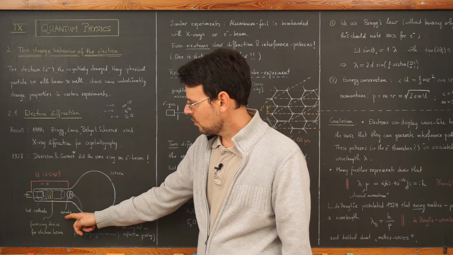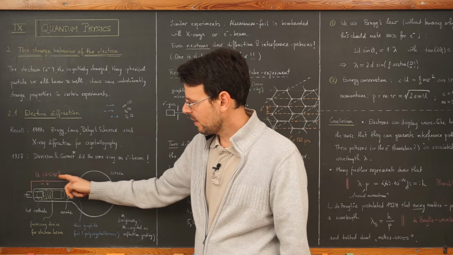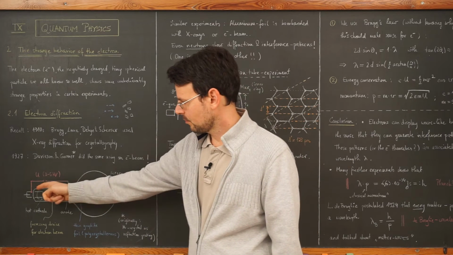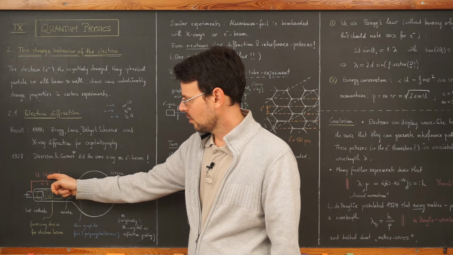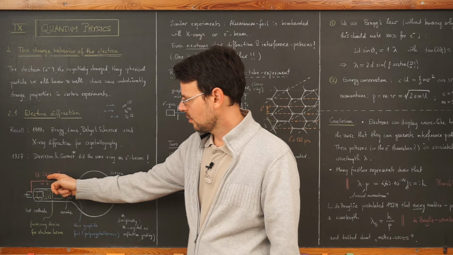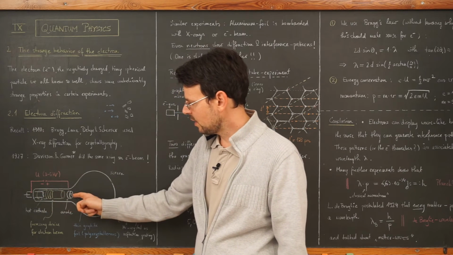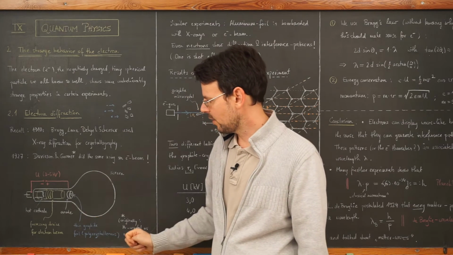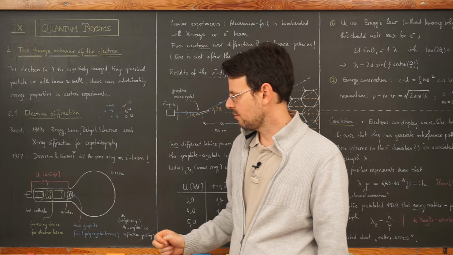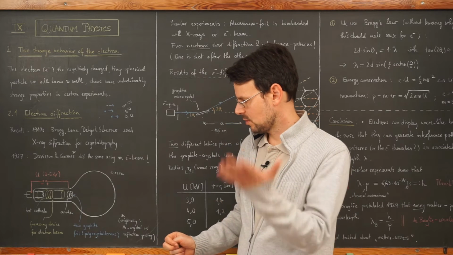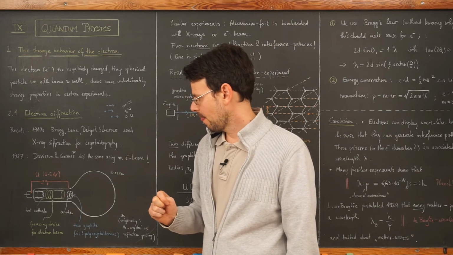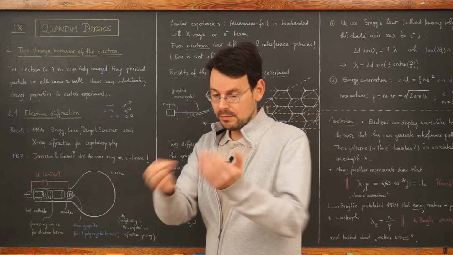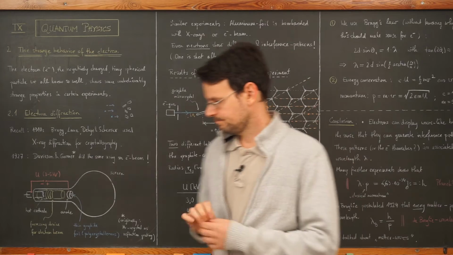And here's the anode lying on 3 to 5,000 volts of potential with respect to the cathode, and in the anode there's a small hole, and over this hole there's a very thin foil of graphite with a lot of microcrystals. So now, okay, buckle up and watch the experiment.